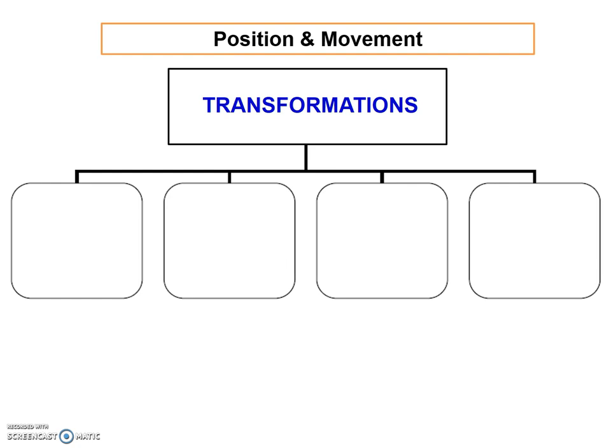The first type of transformation is translation. The second one is reflection. And the third one is rotation. Now, these three types of transformation will not involve any change of size if we compare the object and the image.